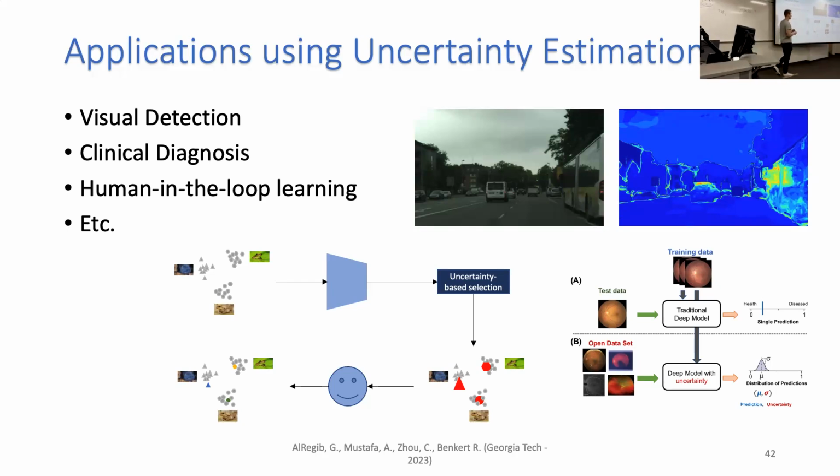The example that I gave you earlier on, if you think about autonomous vehicles, you want to know how sure your neural network is about its prediction. If you think about medical data, would you ever want a neural network to make a diagnosis about you if it doesn't reflect how certain it is about its decision?